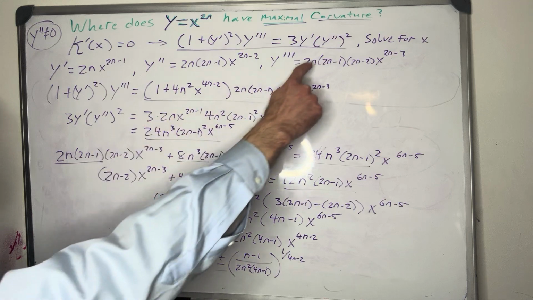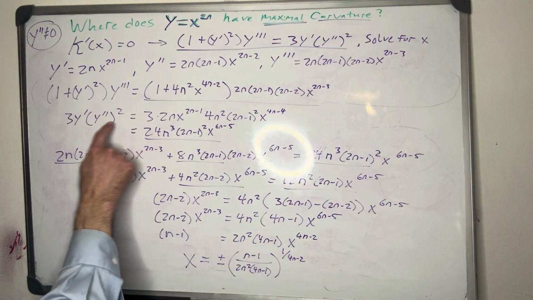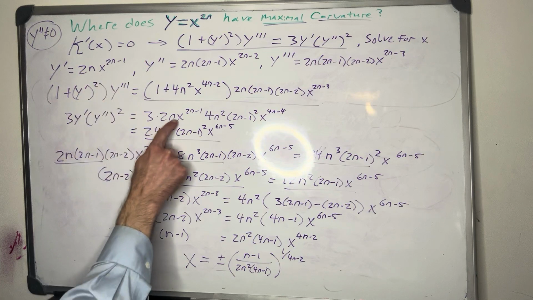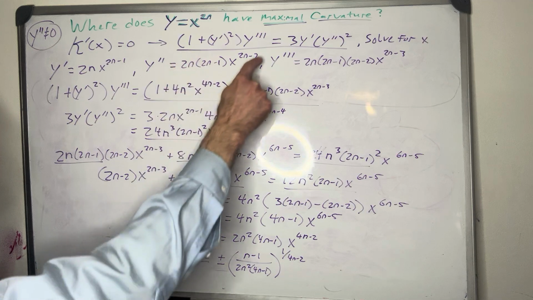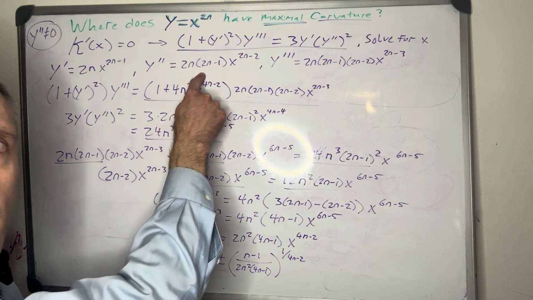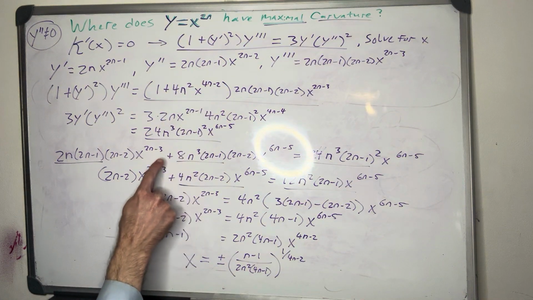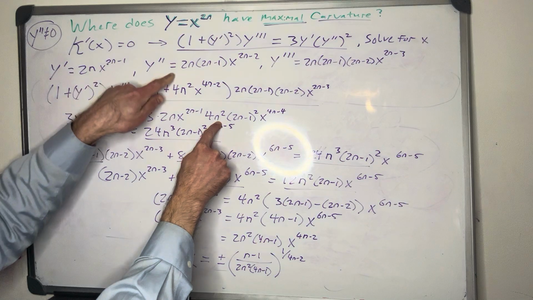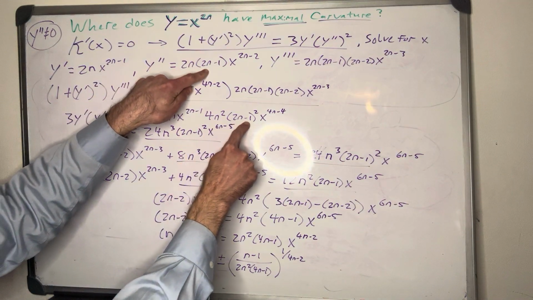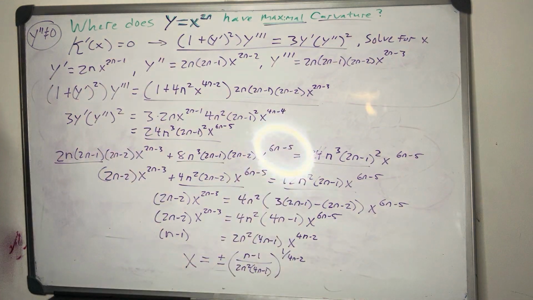For the other side, we have 3y prime, which is that, times y double prime squared. So now we square this term, and that becomes 4n squared, times 2n minus 1 squared, x to the 4n minus 4.